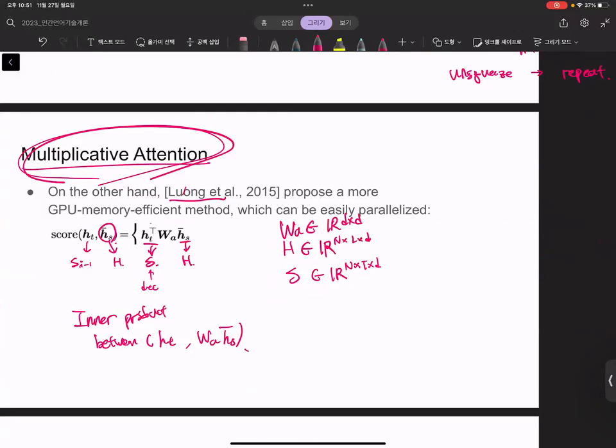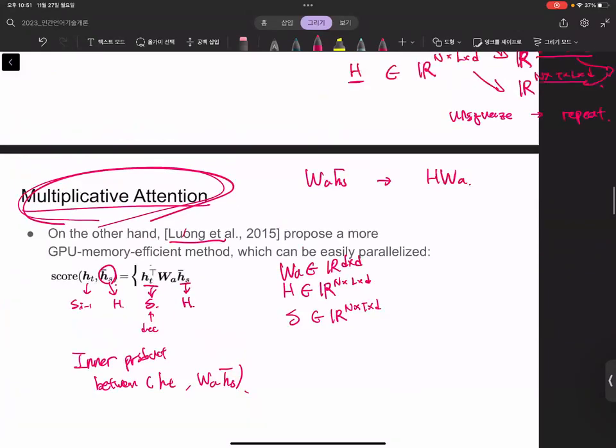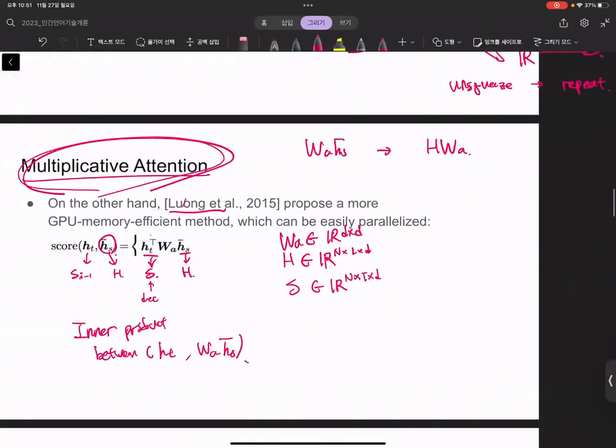And this WA S bar can be formulated as H WA, right? This is the column vector.